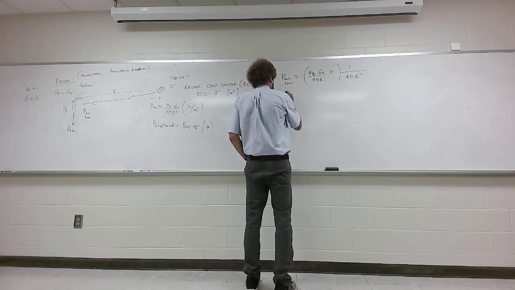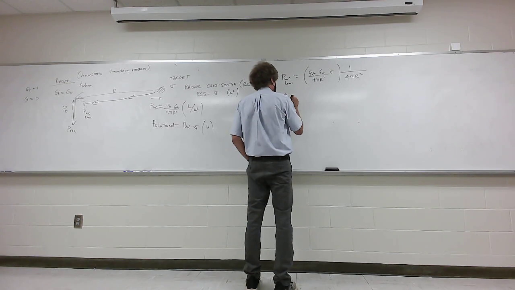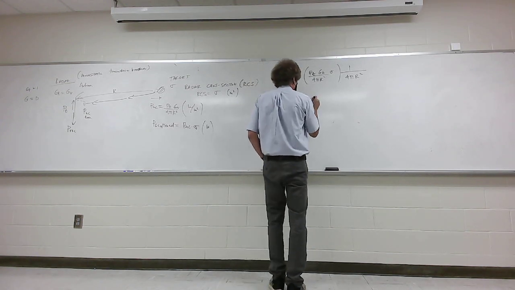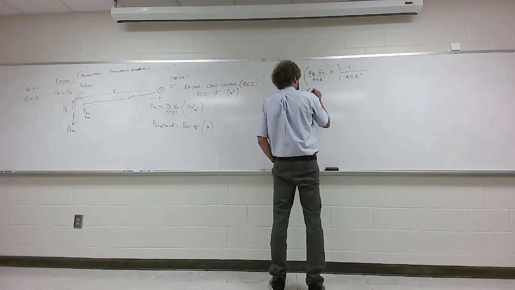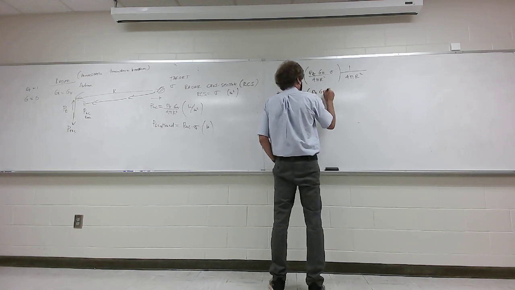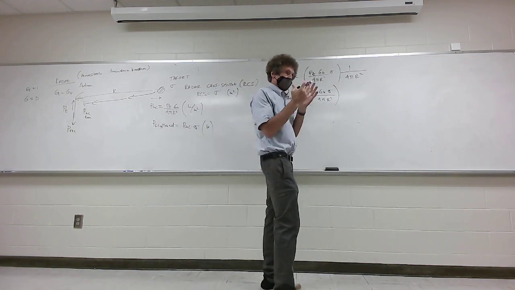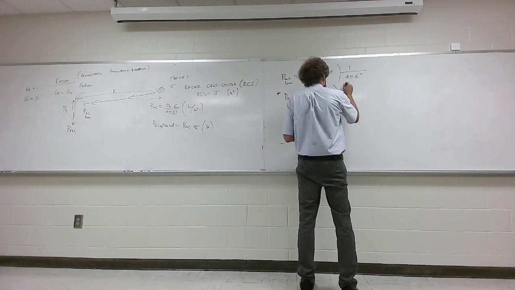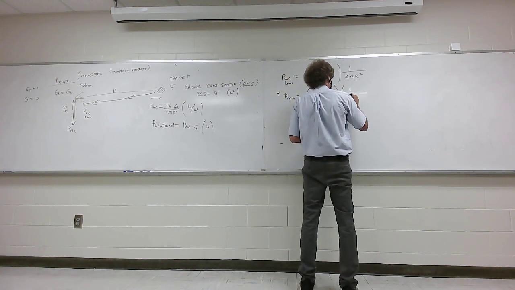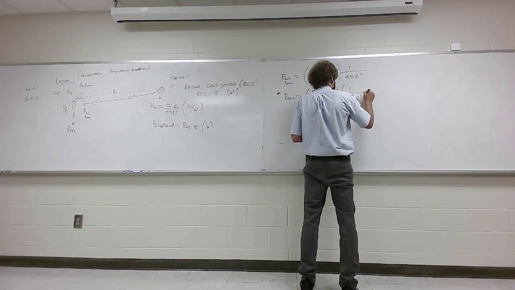So now we can say P received, and this is the important one, is equal to, start here, transmitted power, gain at transmitter, sigma, over 4 pi r squared. That's the amount of power reflected, right? Then I multiply that by 1 over 4 pi r squared.